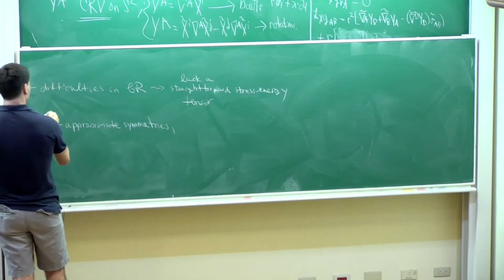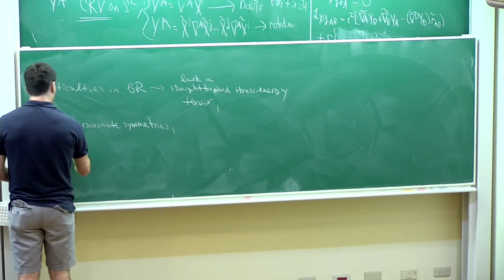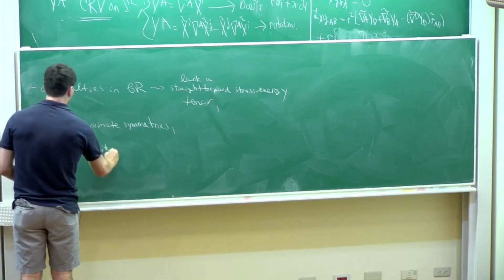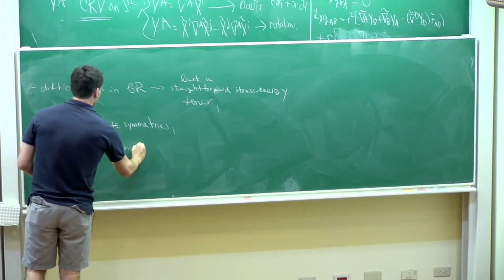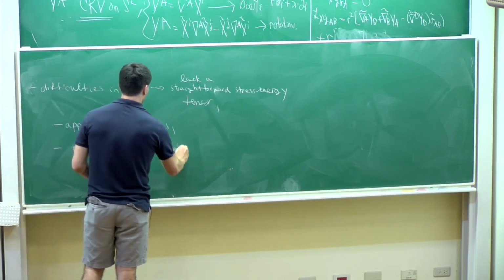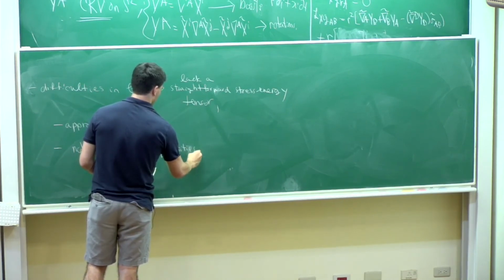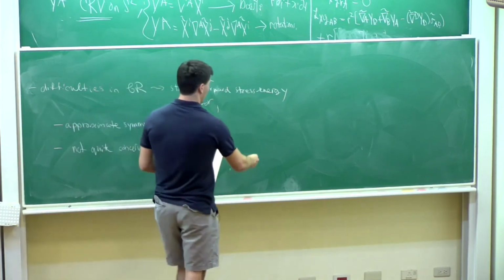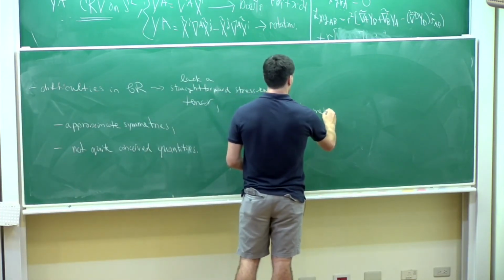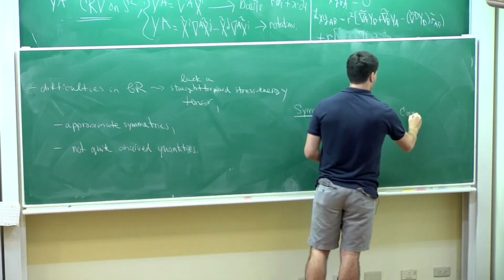And then the result is that we wind up with, well, not quite conserved quantities. And the rough outline of what one would hope for is we have a symmetry and an associated conserved quantity.